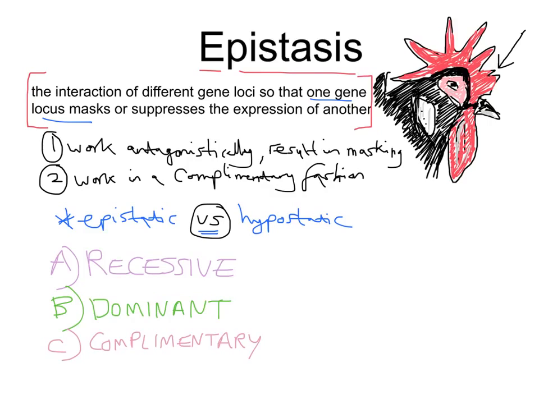Now, a good example of this one is the inheritance of flower colour in salvia. Now, whilst I am going to talk about what they mean, I'm just going to include these examples because, again, certain examples like these. So an example of this is the inheritance of flower colour.